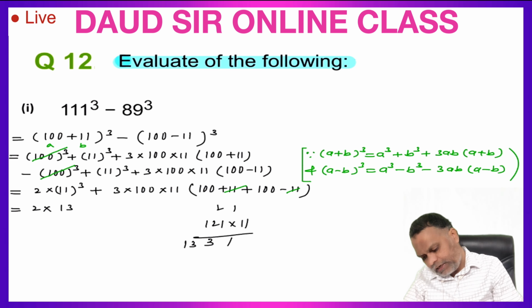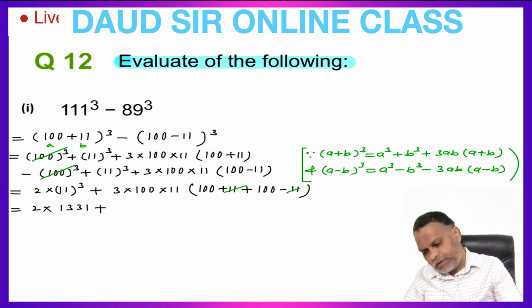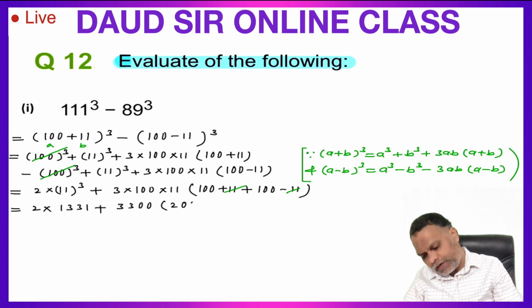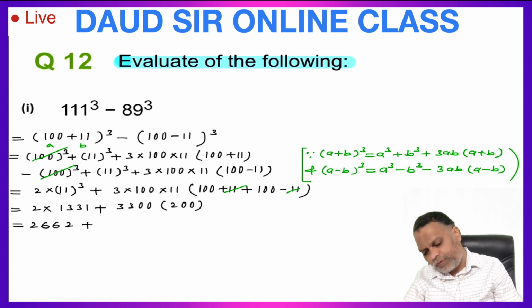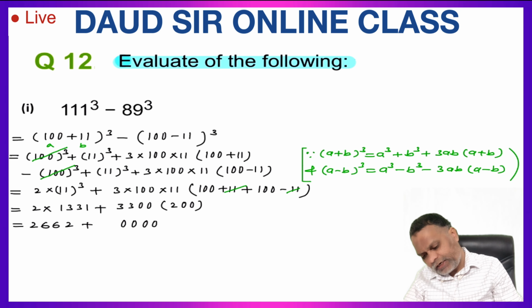So this is 1331 plus, 11 3 times is 33, 33 into 100, 3300, and 200 is 100 plus 100. So 2 times 3300 is 6600, 2 1s are 2, 2 3s are 6, 2 3s are 6, 2 1s are 2, plus 33 into 200, put 4 zeros, 6,60,000 approximately.